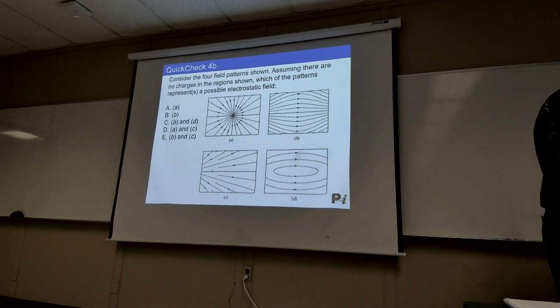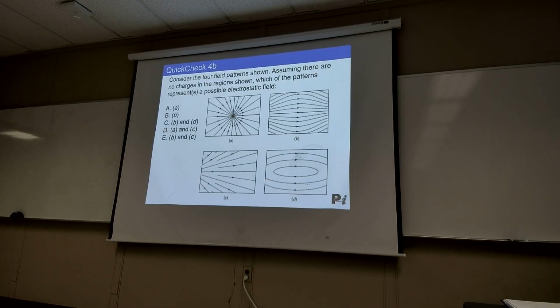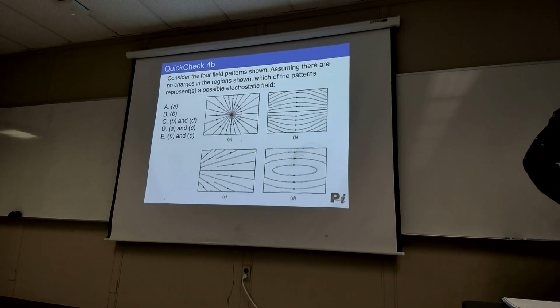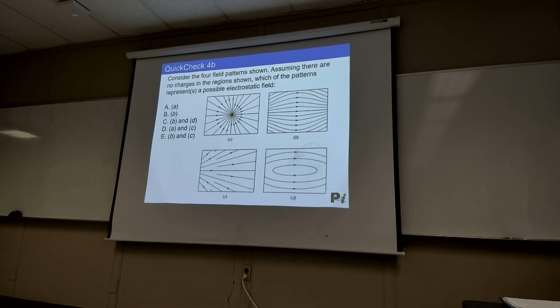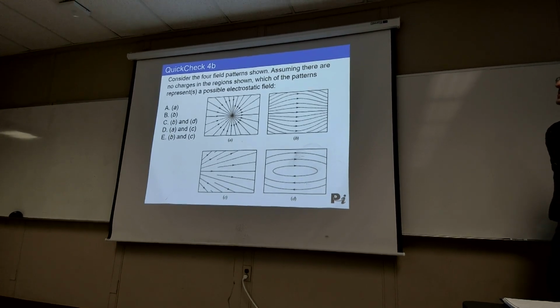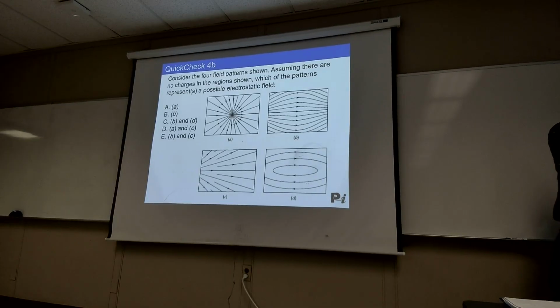C looks very glossy. I don't like C from the fact that you see how the line just appears out of nowhere, right? And we're getting told that there's no charges appearing. How is that possible without having a charge?